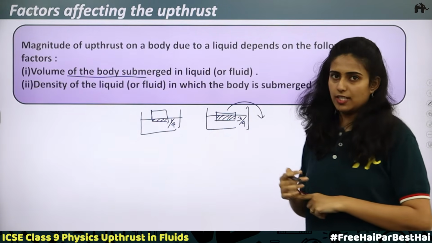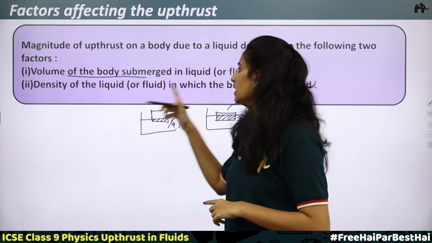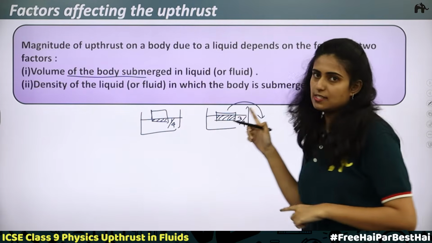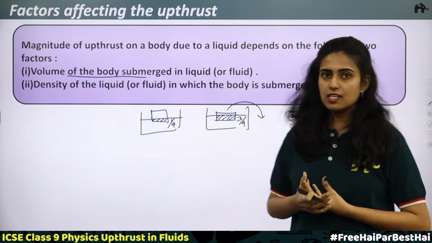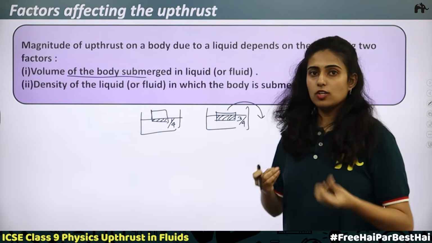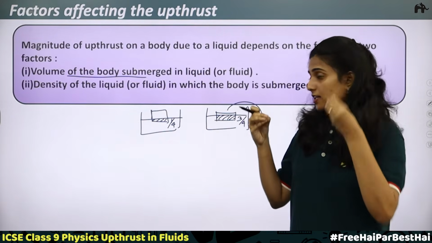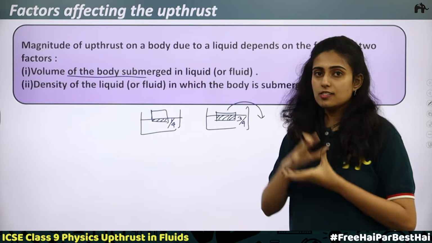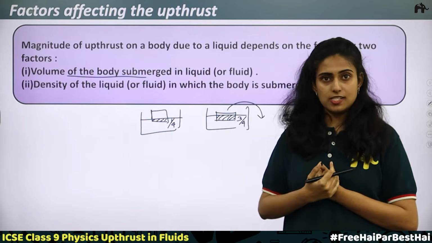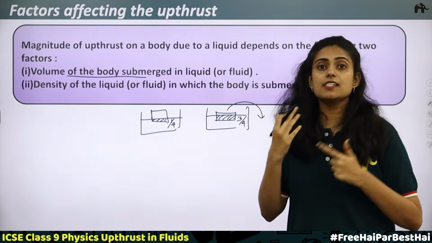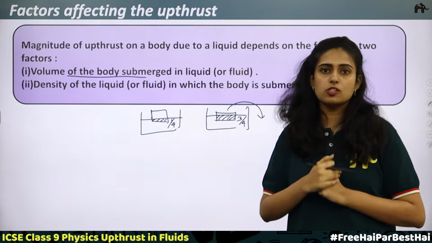Direct proportion there. Second is the density of the liquid or fluid in which the body is submerged. This case we have also discussed. When you take fresh water, put an object in it, and then add salt to it, the density of the liquid is changing. What happens? There is a change in upthrust as well. The upthrust is also changing.